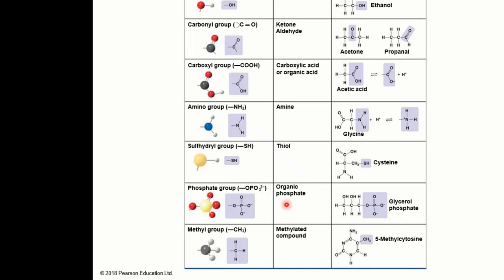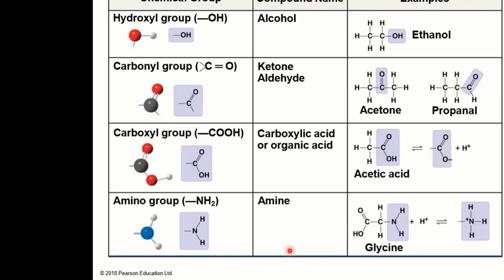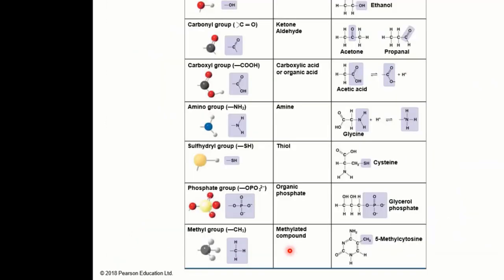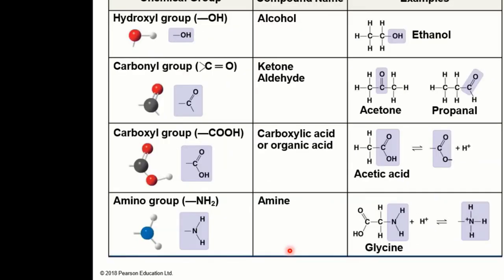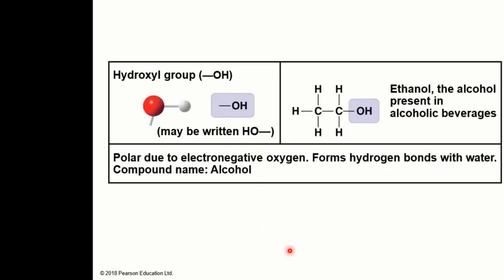And also you see the last group, the methyl group, CH3, where the group is a methylated compound, and the example right there is 5-methyl cytosine. It's just that it's shown here zoomed in, in a detailed manner.